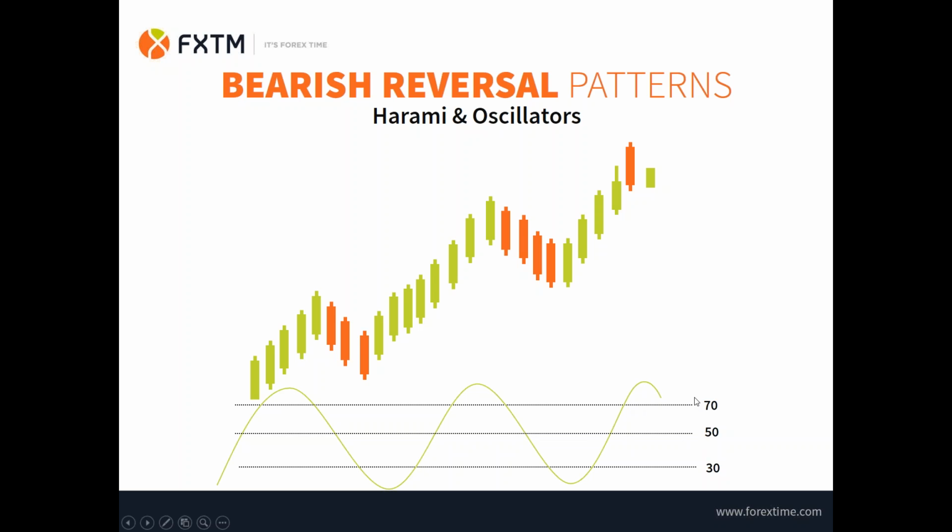So when the RSI oscillator is at extreme levels, at the overbought area above 70, it means that prices most probably have reached a very high level and a correction is about to happen, most probably.